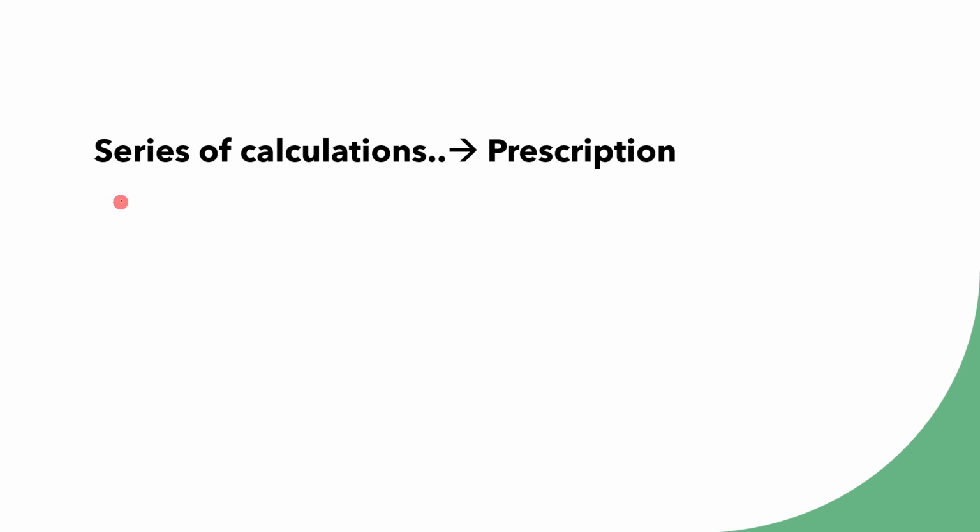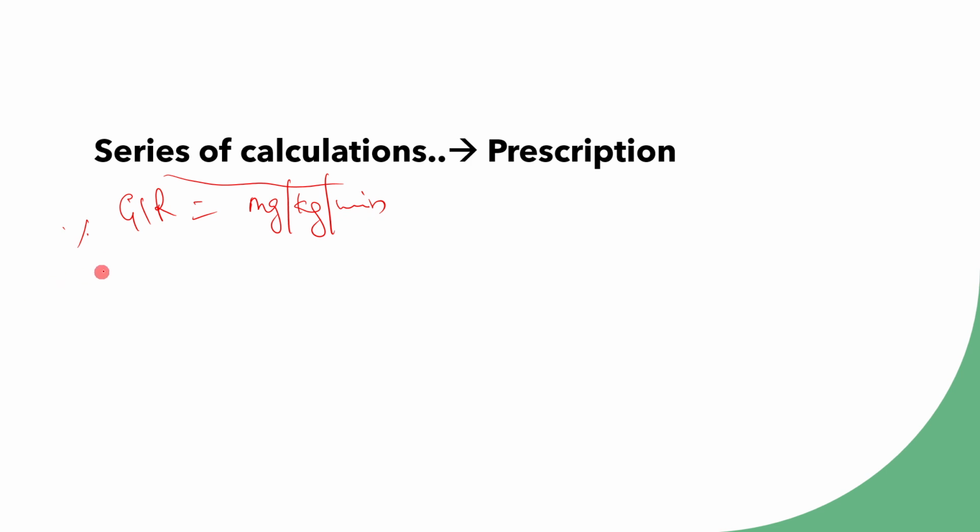It involves a series of calculations in which we decide the percentage of dextrose and the glucose infusion rate, which we also call GIR, which is in mg per kg per minute.